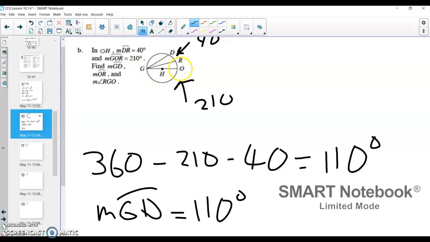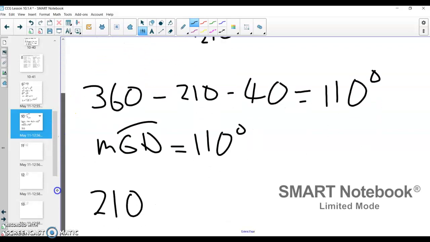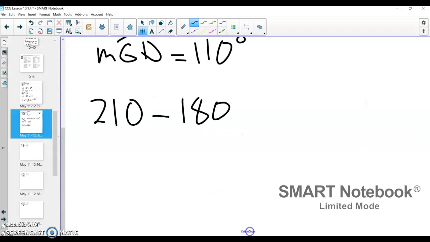Because if you have a diameter, it cuts your circle perfectly in half, which means the measure here must be 180. And so what we see then is that GOR is 210 and G to O is 180. So we can take the whole 210, subtract away the 180, and we'll just be left with 30 degrees.